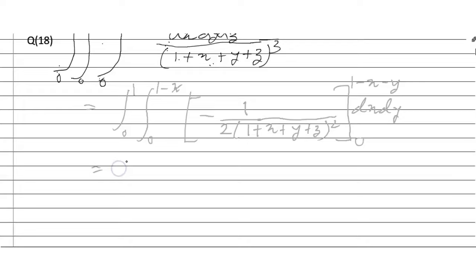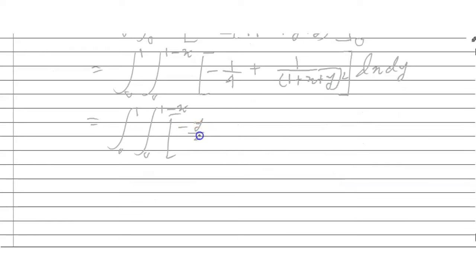So whatever we get if we put the value of z in here, we get 0 to 1, 0 to 1 minus x, 1 by 4 plus 1 by 1 plus x plus y minus y by 4 plus, just putting the value.